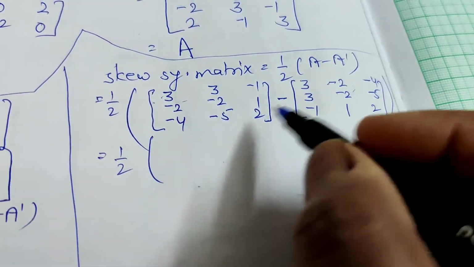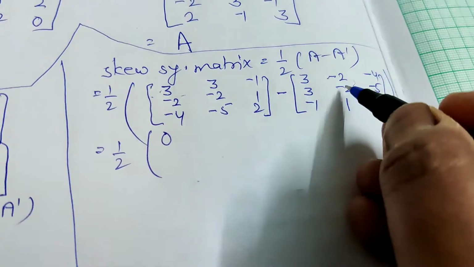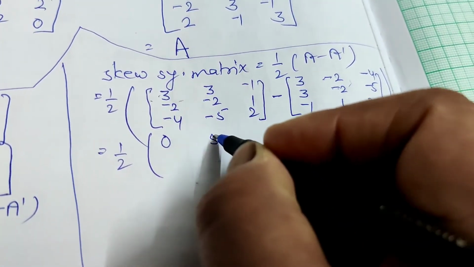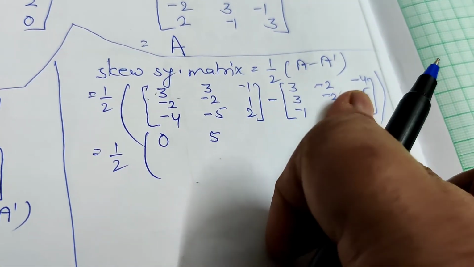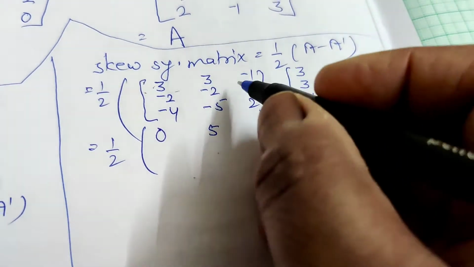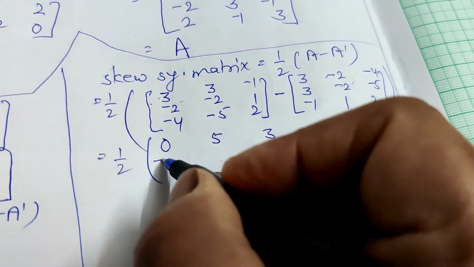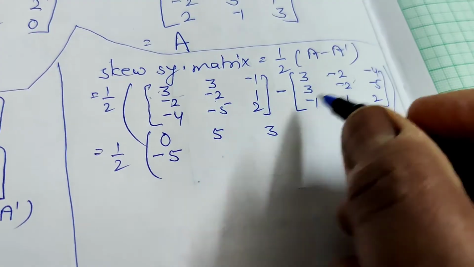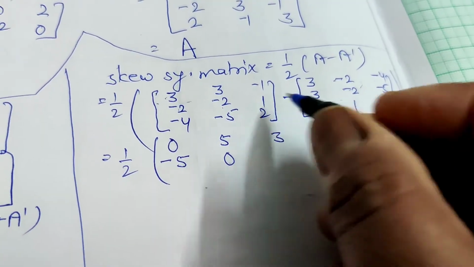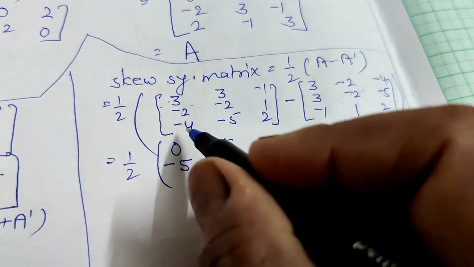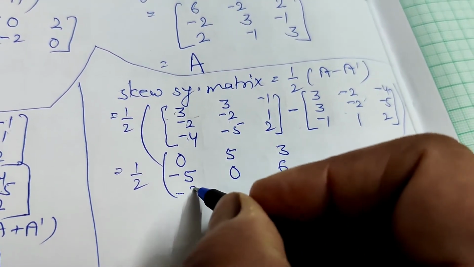3 minus 3, 0. 3 plus 2, 5. Minus 4 plus 4, minus 1, 3. Minus 2 minus 3, minus 5. Minus 2 plus 2, 0. 1 plus 5, 6. Minus 4 plus 1, minus 3.